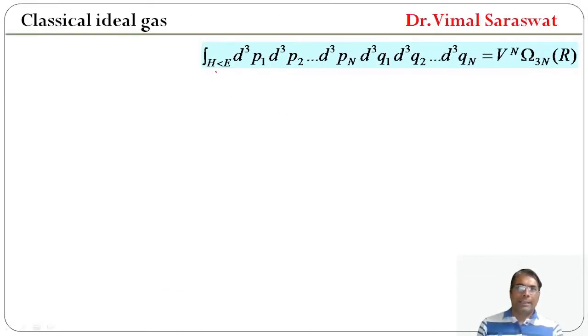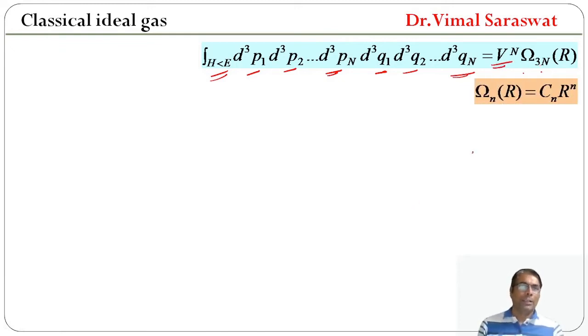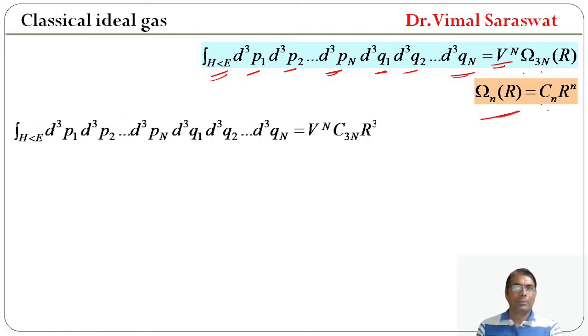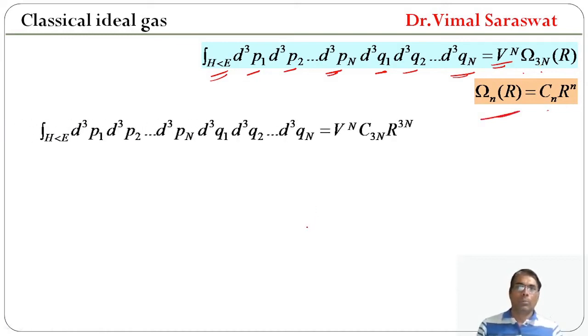Since the integral of dp1, dp2, dpn, dq1, dq2, dqn over the region up to E is equal to V raised to n omega 3n r, and omega nr equal to Cn r raised to n. So we replace this omega 3n r by C3n r raised to 3n.